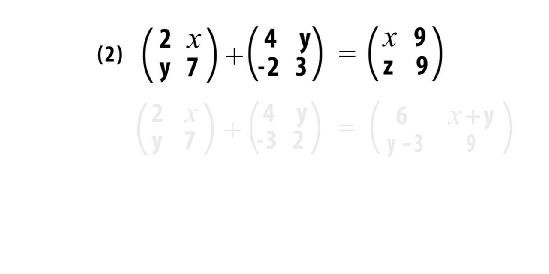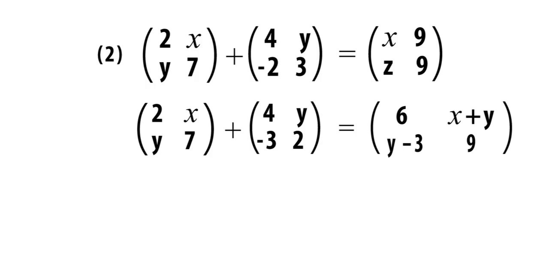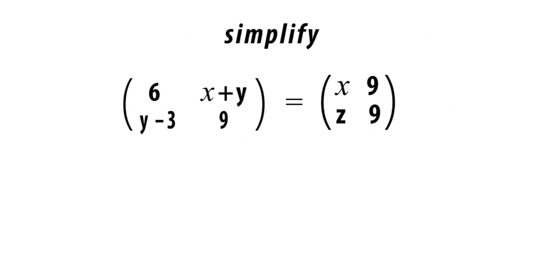So we will have 2 plus 4, which is 6. Then for the other elements, we'll have x plus y. That forms the first row. We'll also have y minus 3, and then 7 plus 2 for the second row. When we simplify that, we'll have 6, x plus y, y minus 3, 9.